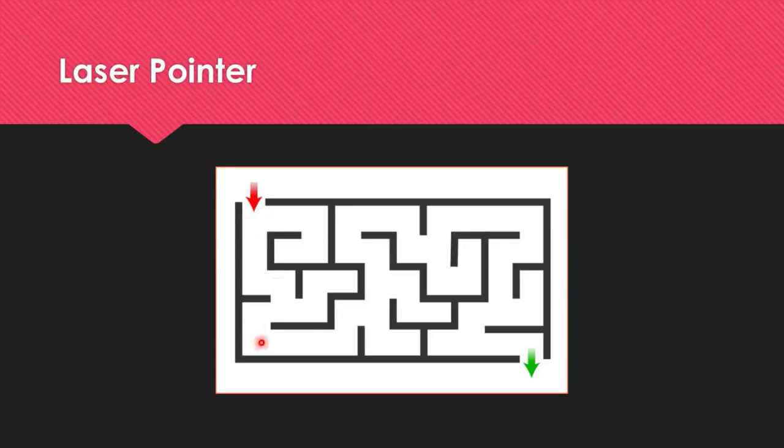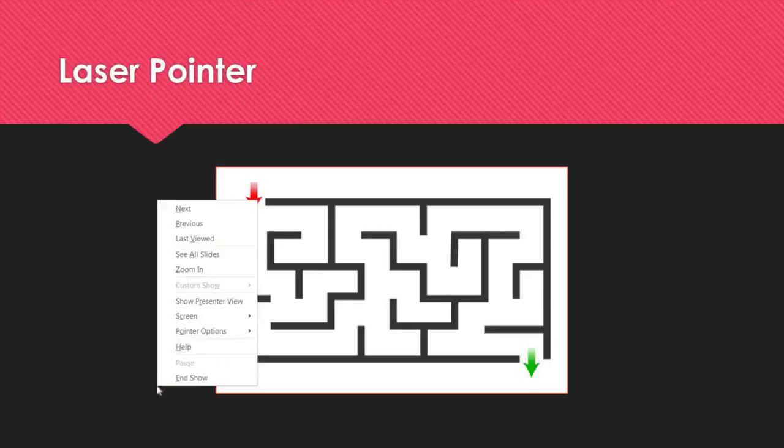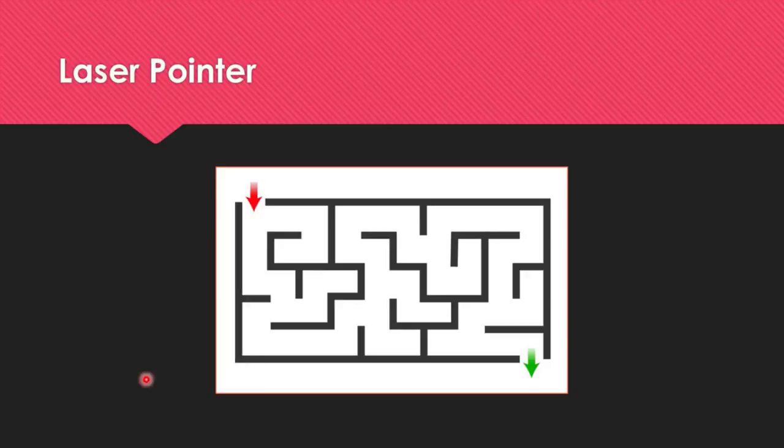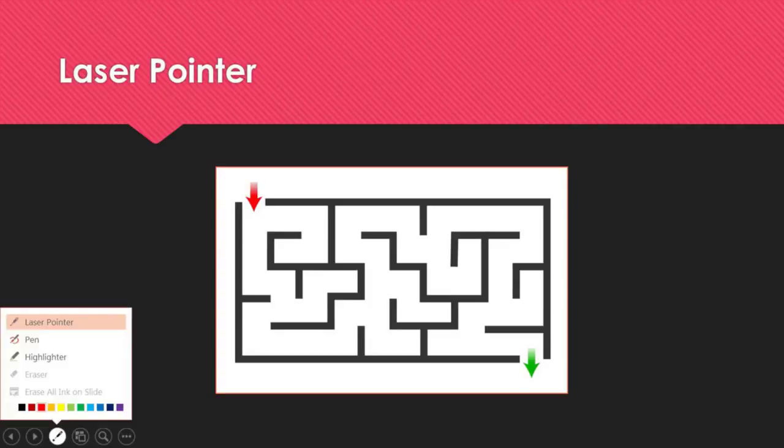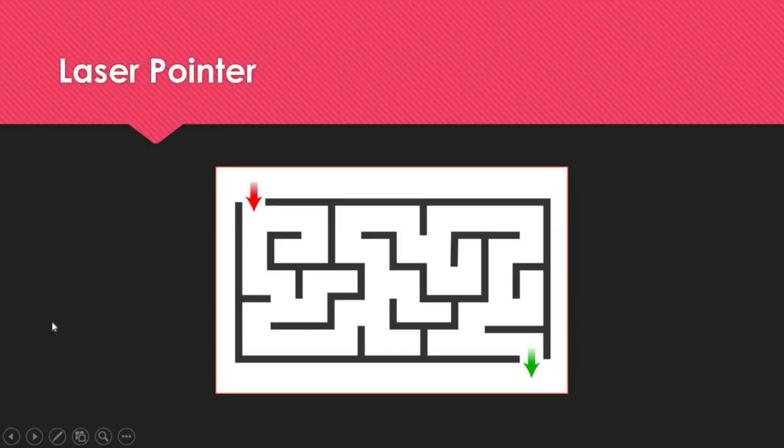I just move my mouse around. When I'm done, uh-oh, my presentation is stuck. There we go. Go back to the tool, select the tool, and then it goes away.